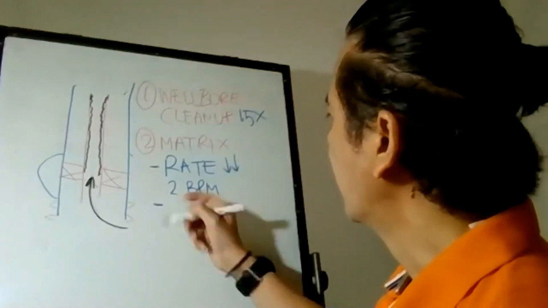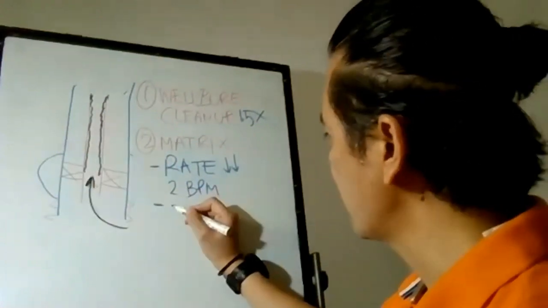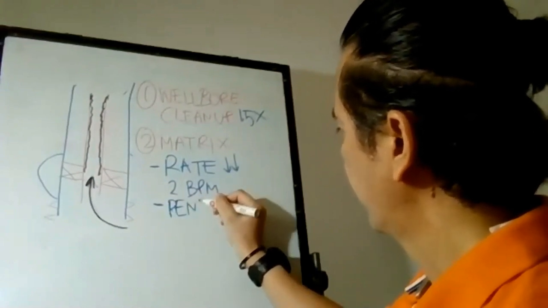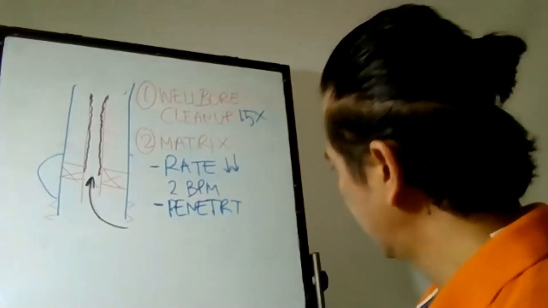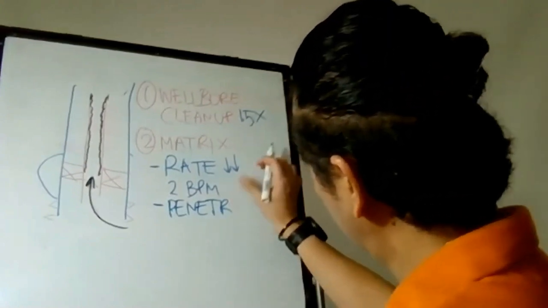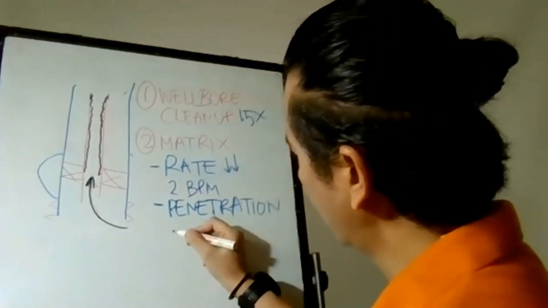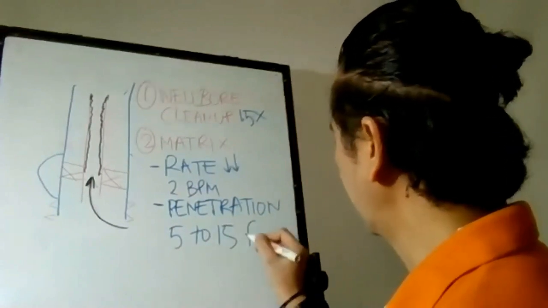Okay. On matrix, the area of penetration is at critical wellbore radius, penetration. Maybe anything between 5 to 15 feet.